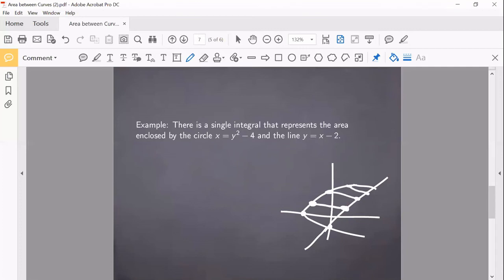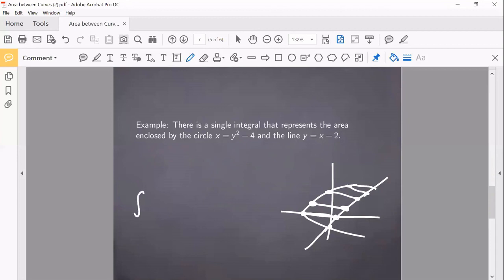In terms of y, it's going to be the function that's to the right minus the function that's to the left. The one to the right will be the larger function and the one to the left will be the smaller one. So if we want to compute this area, you can see horizontally nothing changes. The line is always going to be to the right and the parabola is always going to be to the left.